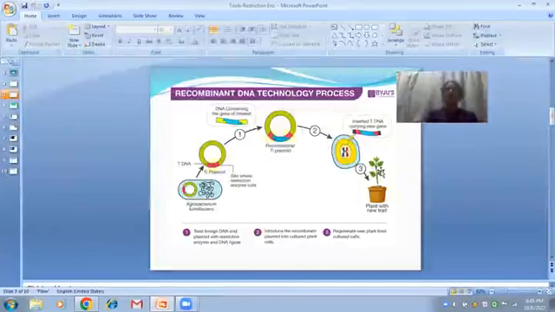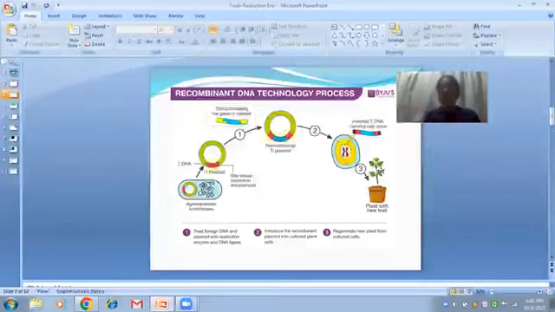Such a process is known as recombinant DNA technology. Simply, it is the transfer of a desirable gene from one organism to another through some biological agents.